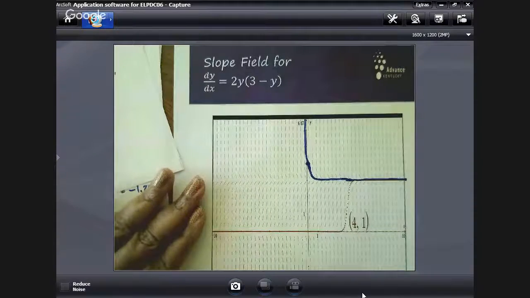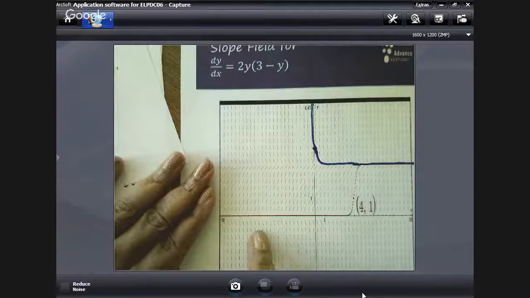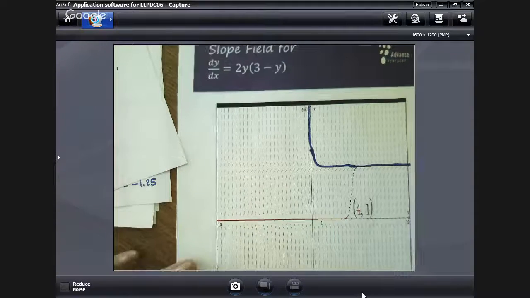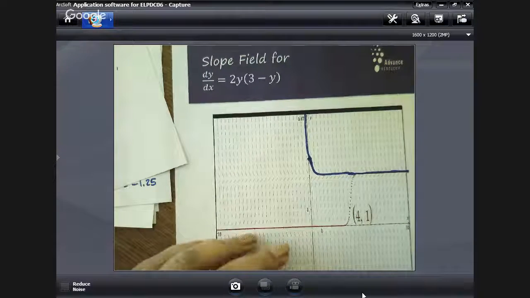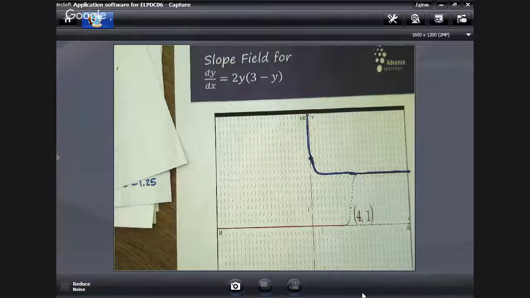Likewise, if I start at some point down here, following the slope field, it will eventually have a horizontal asymptote at the x-axis. So those two values keep the population in between. Besides, it doesn't make sense for y to be negative if y represents a population, though it doesn't have to represent a population.